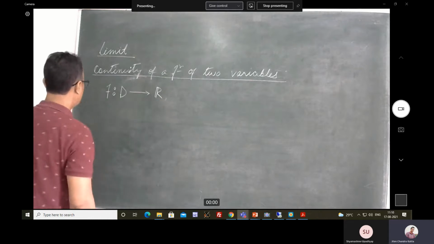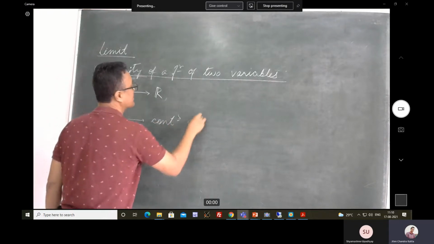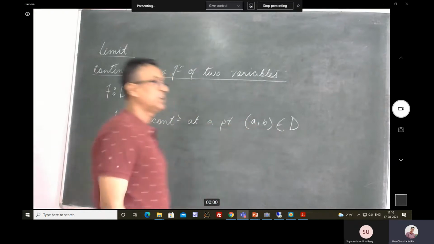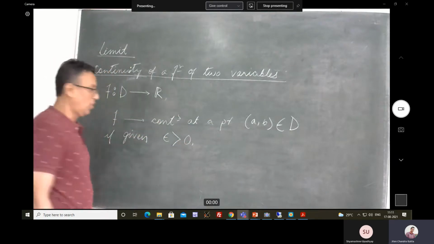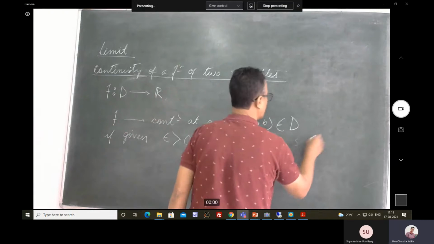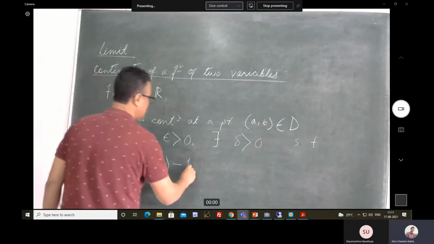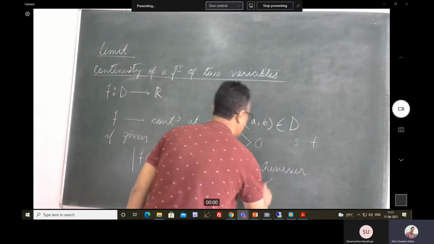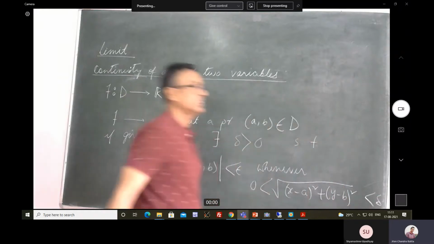We say that the function f is continuous at a point (a, b) belonging to D if, given epsilon greater than 0, however small, there exists a positive number delta such that |f(x,y) - f(a,b)| is less than epsilon whenever 0 is less than the square root of (x - a) squared plus (y - b) squared, which is less than delta.